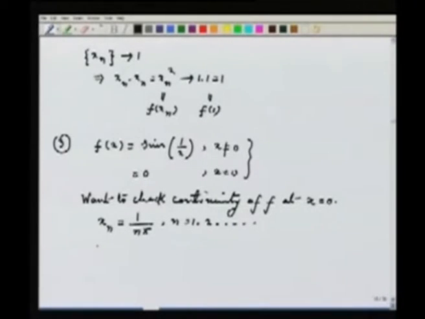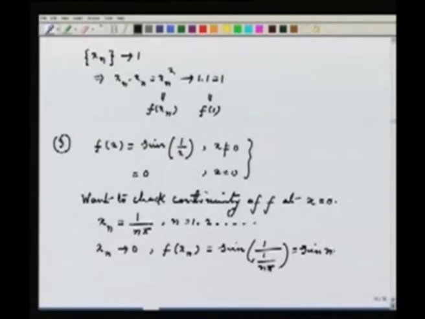Notice then that xn converges to 0. But then what happens to f(xn)? That turns out to be sin(1/(1/(n pi))), which is sin(n pi), which is 0. So this implies f(xn) converges to 0.